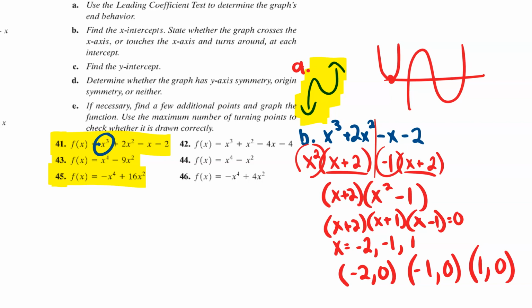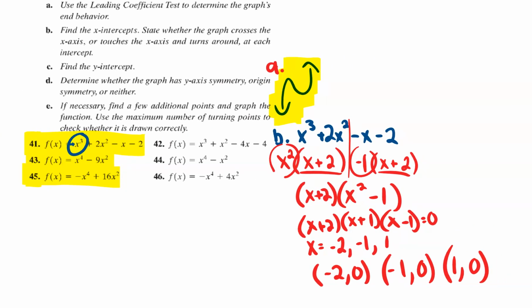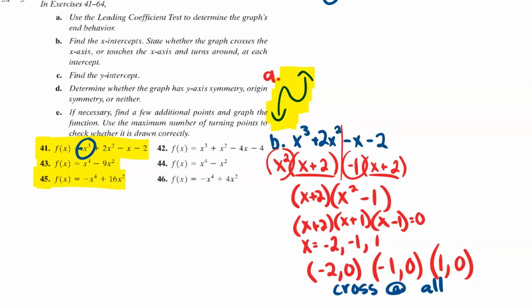So they're going to cross, not touch and turn around, for each of those. So they're going to cross the x-axis at all of them.